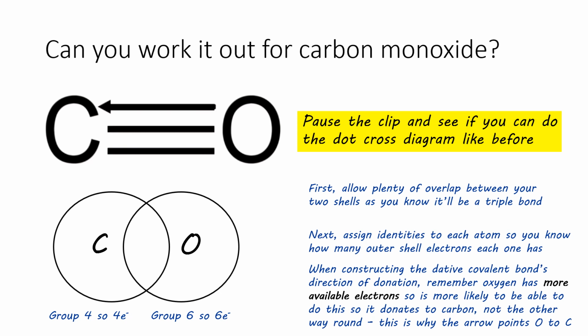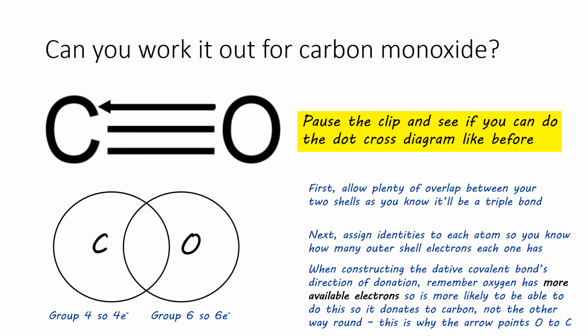Is it donating from the oxygen to the carbon or from the carbon to the oxygen? Now you might argue that oxygen is more electronegative than carbon, which is true, so surely oxygen would try and force carbon to donate 2 electrons to it. The only problem is that carbon's only got 4 electrons, whereas oxygen has more, it's got 6 available. So therefore oxygen has to do the donating.